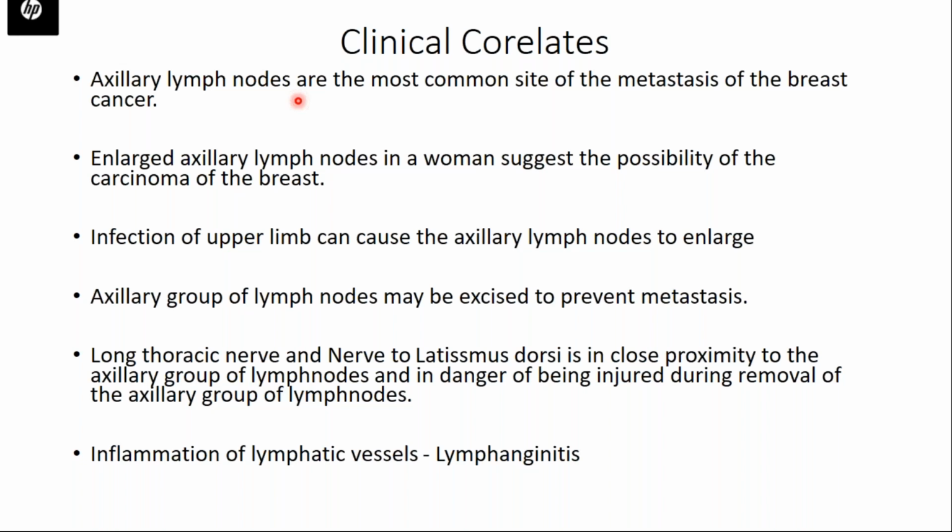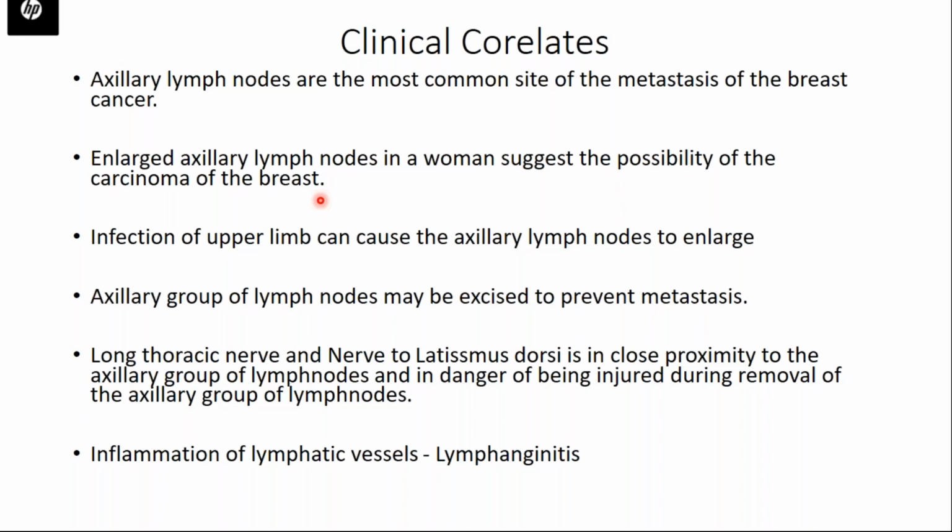Axillary lymph nodes, as I said, are the most common site for metastasis. Metastasis means spread. Enlarged axillary lymph nodes in a woman suggest the possibility of cancer. Sometimes you might not find any lump in the breast, but the axillary lymph nodes might be enlarged.